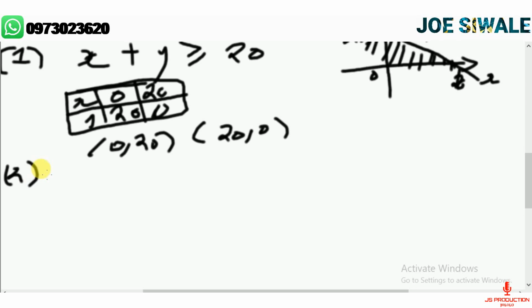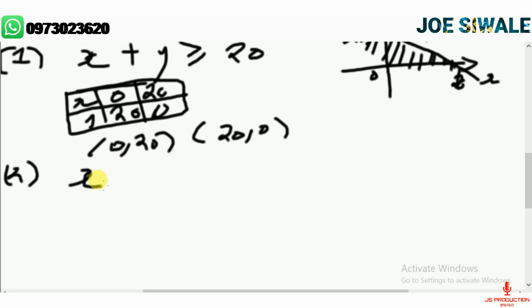So a particular situation where you have more than, it can be taking that the number of whiteboards produced must not be more than 10. So the number of whiteboards produced must be more than 10.